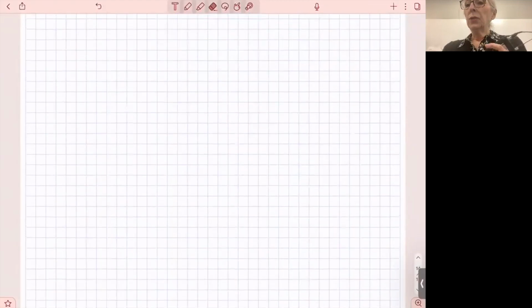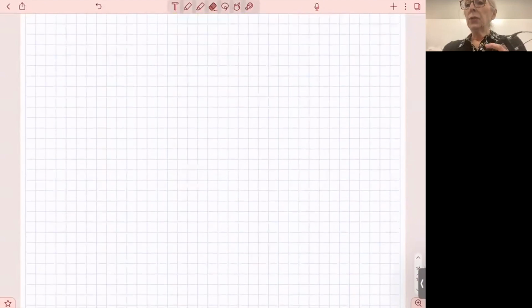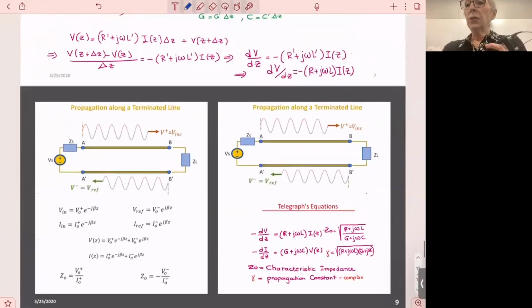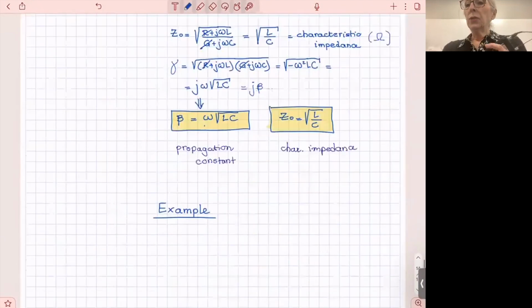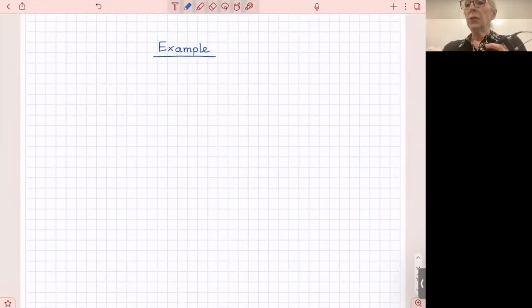Let me do an example for you. In the things that you can solve with an ideal transmission line, let me copy here. I don't have it here, so I will do this. Let's assume, always, transmission lines we will show like this.